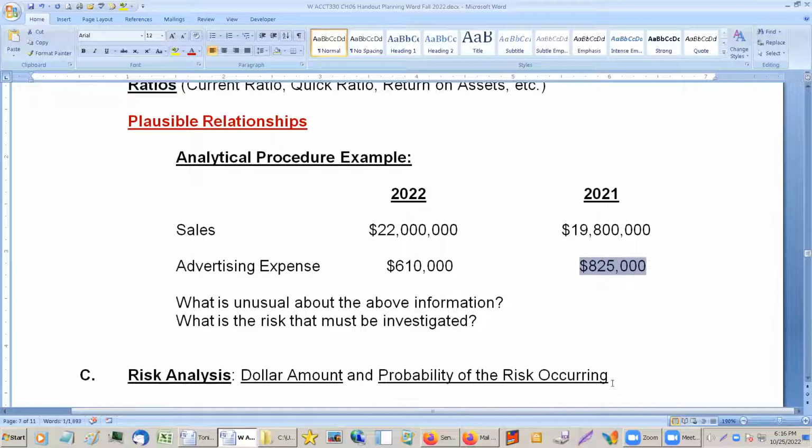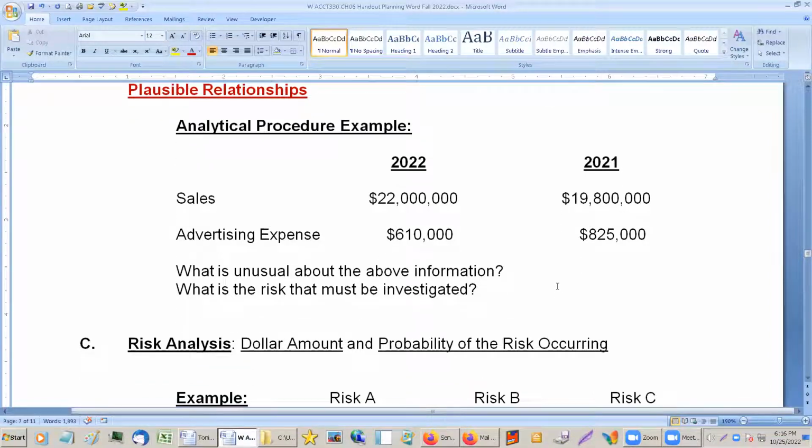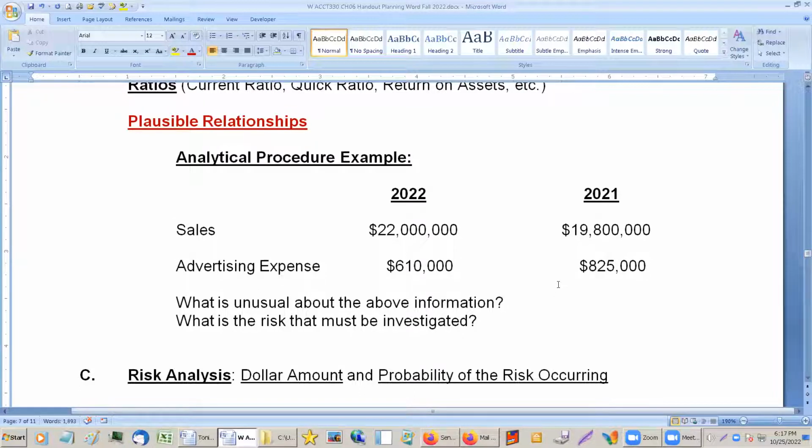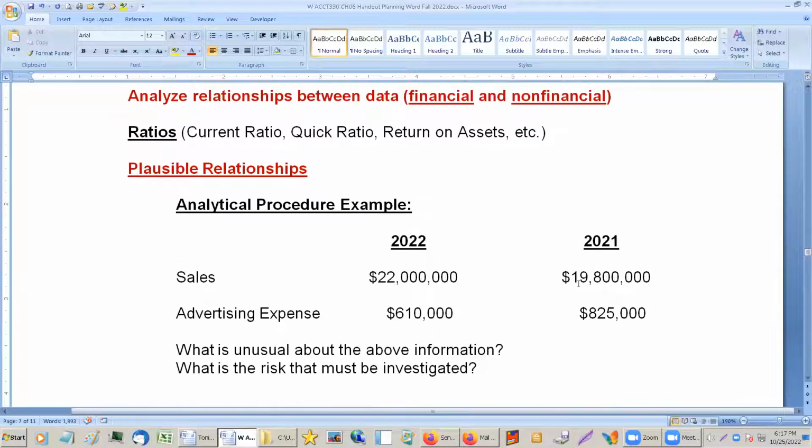And the advertising expense is 825,000. So what is unusual about this relationship? Is it that the advertising expense was less in 2022 than the prior year?